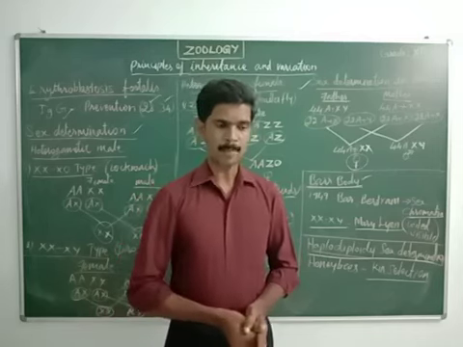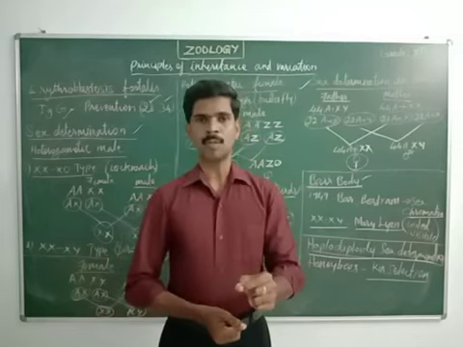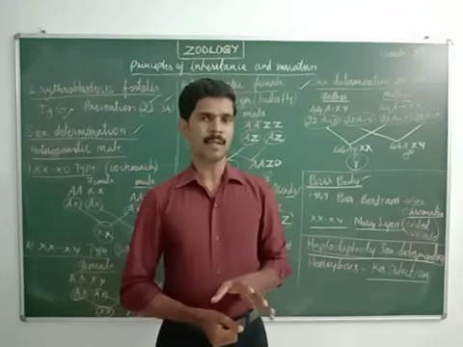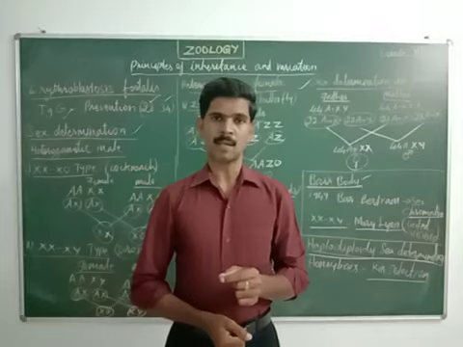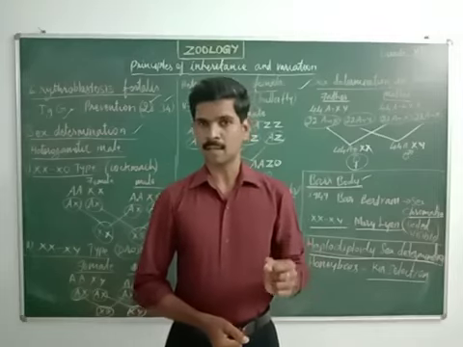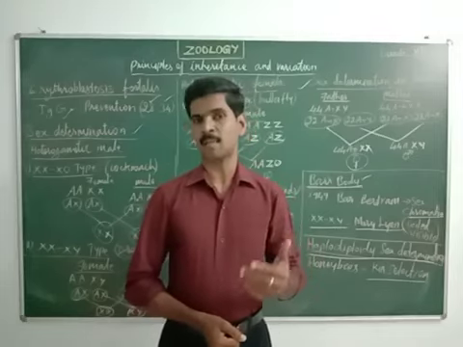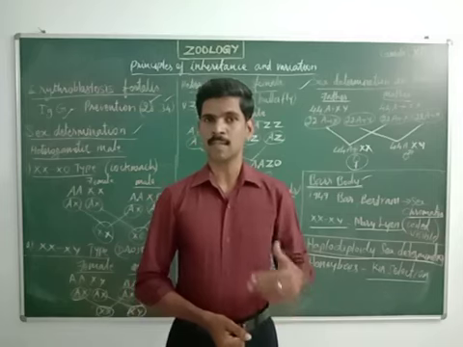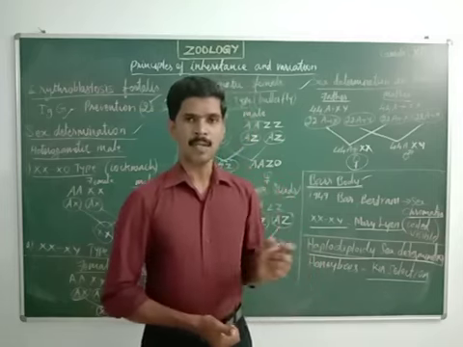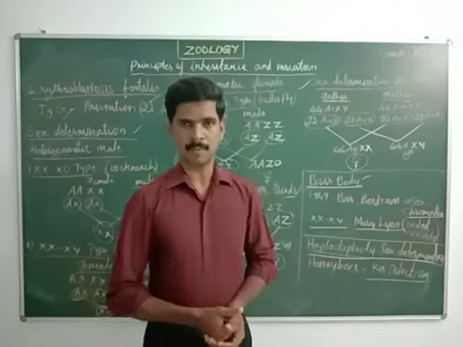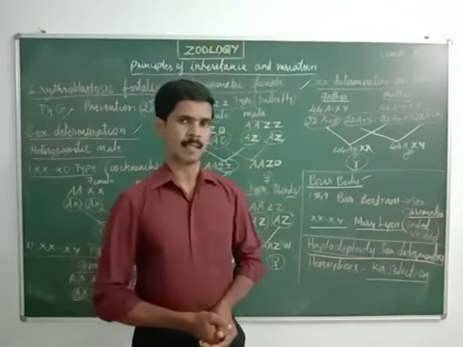In a honeybee colony, the one and only function of the queen bee is egg laying. The worker bees are also females, but they will not lay any eggs. They help or support the queen bee to increase her reproductive capacity, the number of eggs. So this phenomenon is called kin selection.